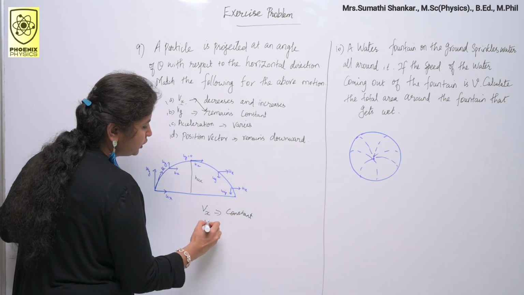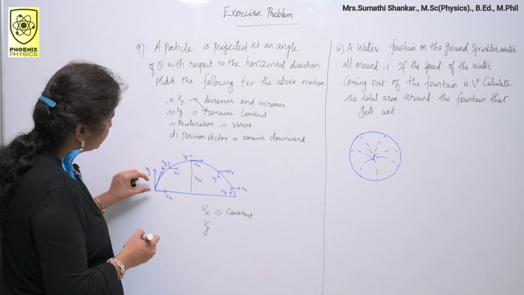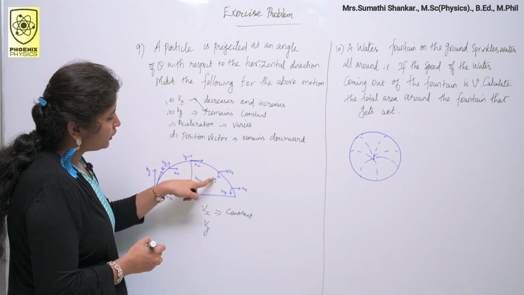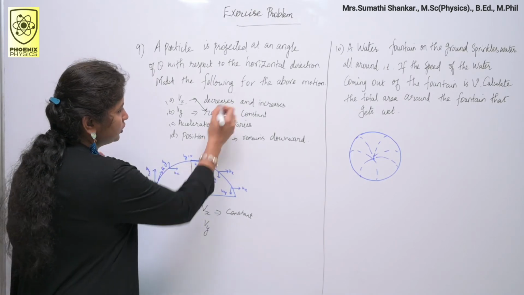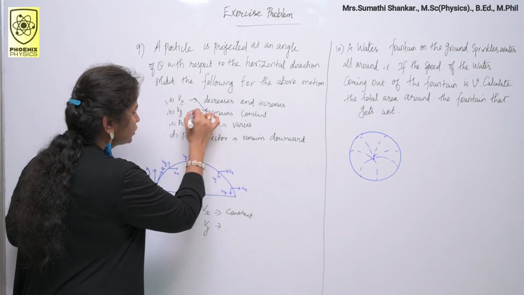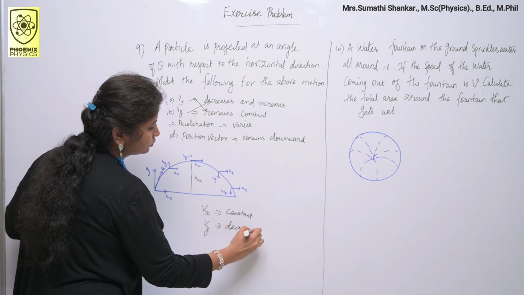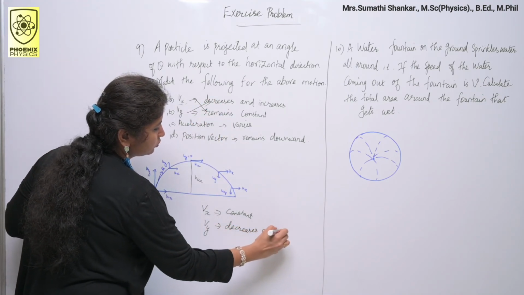Then the vertical velocity decreases and reaches 0, and again increases. So your option is like this, decreases and increases.